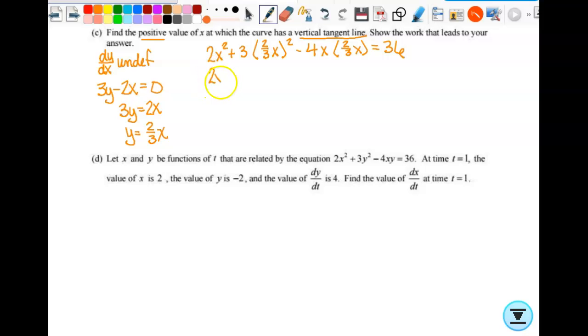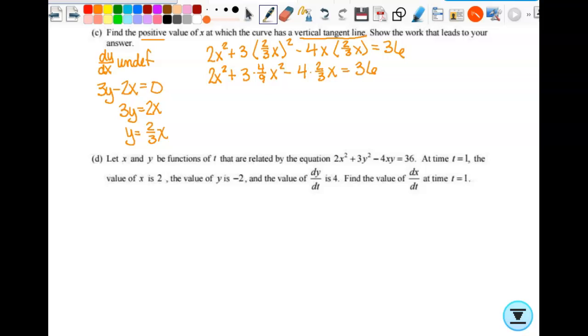So this will give me 2x squared plus 3 times, well, 2/3 x squared is going to be 4/9 x squared, minus 4 times 2/3 x equals 36. I could have cleaned that up already. I just didn't. And you can do these things in more than one step.